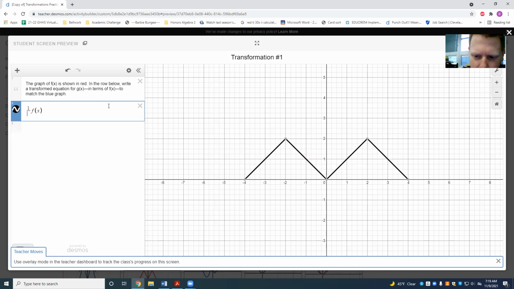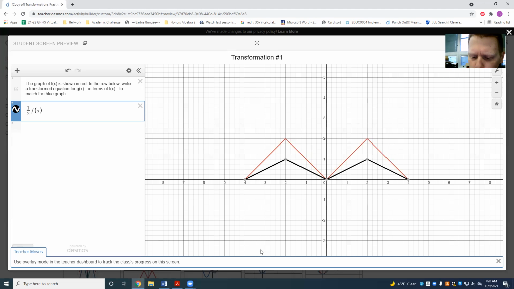So when you put a fraction in front, it's called a shrink, or it compresses; basically it pushes itself down. If I put a 1/2 in front, it cuts your y values in half. This point was at -2, 2, and now it's at -2, 1. So if you put a number multiplied in front, it either stretches your graph, or we say it compresses, basically it pushes it down.